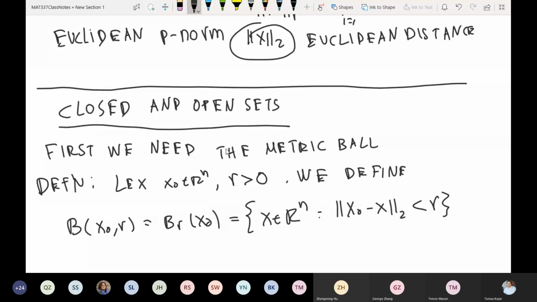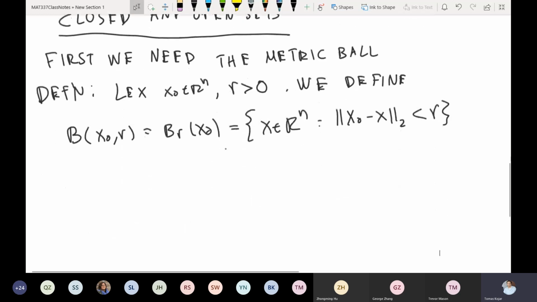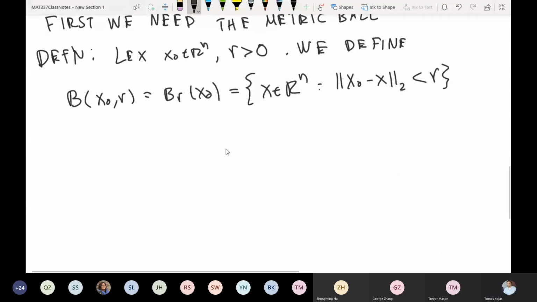So let me draw a picture. If this is x naught, you draw this open ball around it.